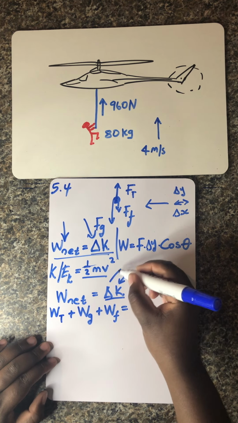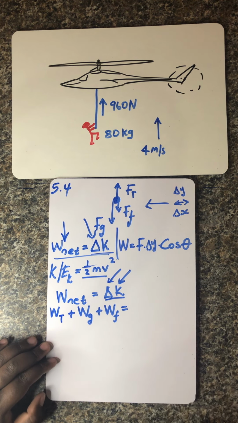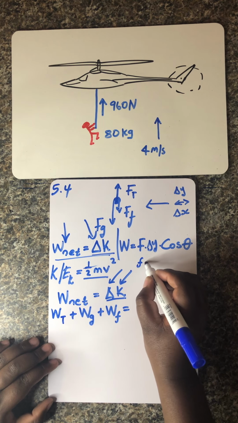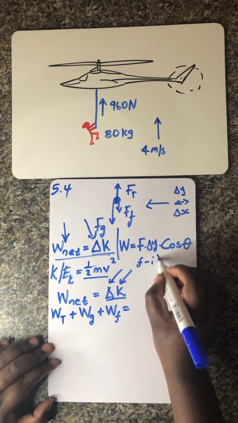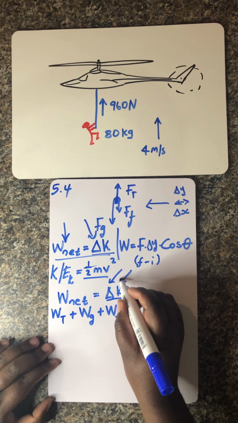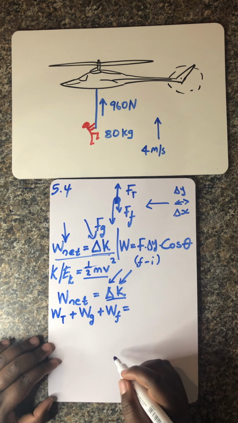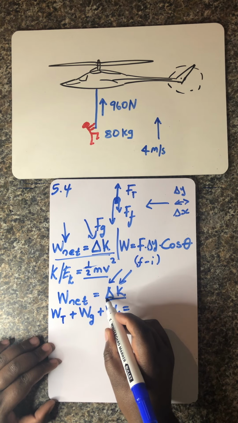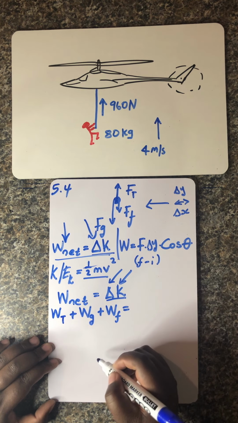Then what about this delta? Delta is change. That's where you say final minus initial of whatever it is the change of. So in this case, we've got change in kinetic energy.